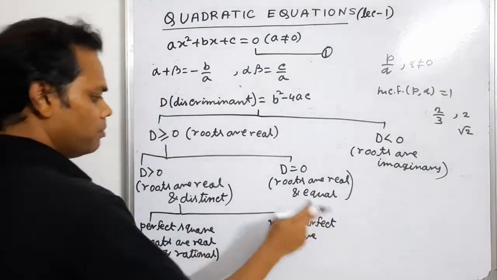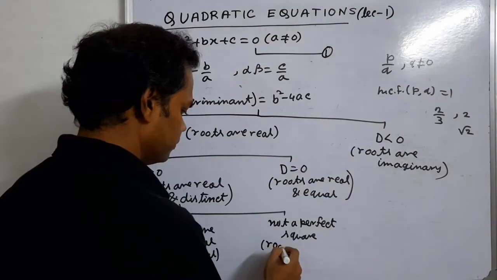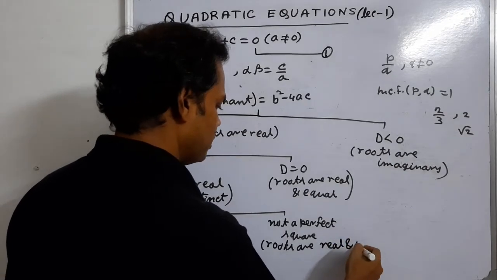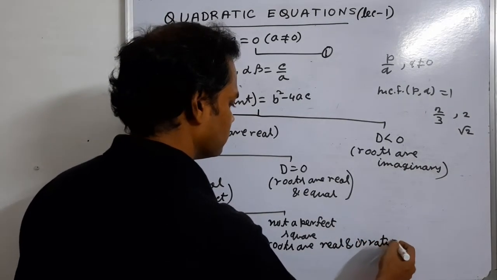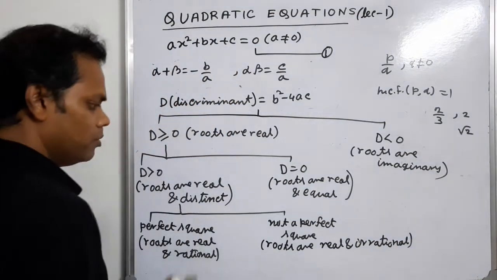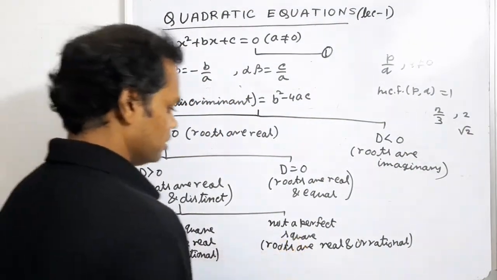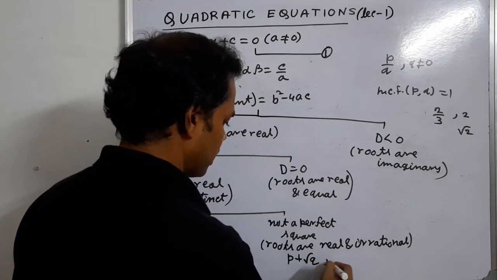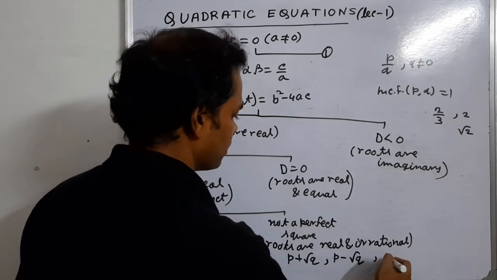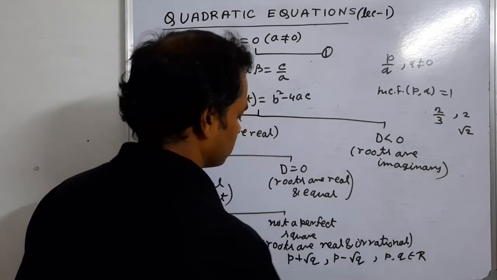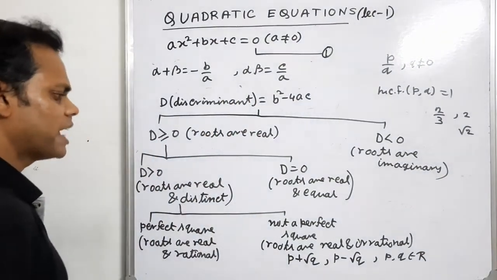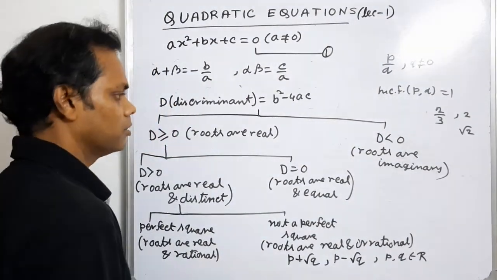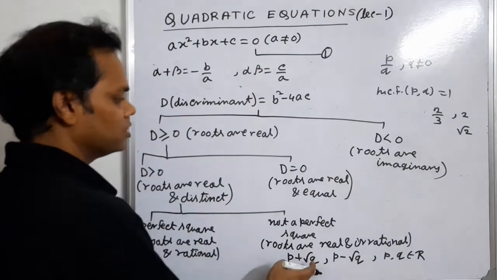So if d is not a perfect square, then roots are real and irrational. If roots are real and irrational, then the roots can be written as p plus root q, and the other root is p minus root q, where p and q belong to R. For example, if one root is 2 plus root 3, then the other root is 2 minus root 3. 2 is the real part, root 3 is the irrational part.